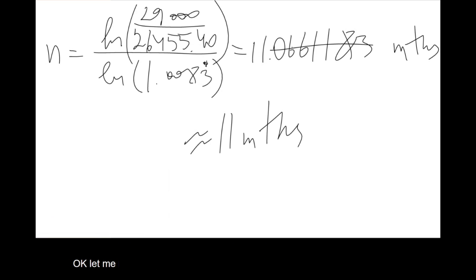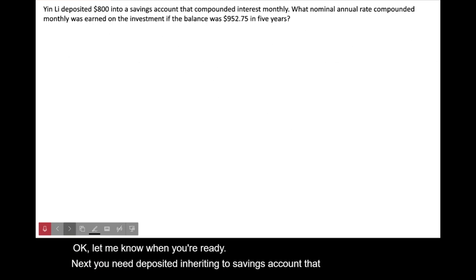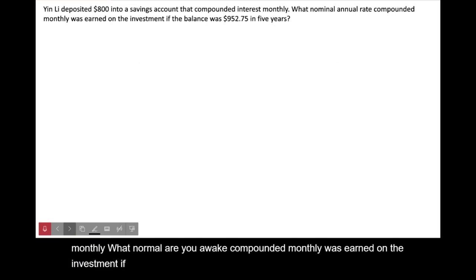Okay, let me know when you're ready. Next, Yinli deposited 800 into a savings account that compounded interest monthly. What nominal annual rate compounded monthly was earned on the investment if the balance was 952.75 in 5 years?